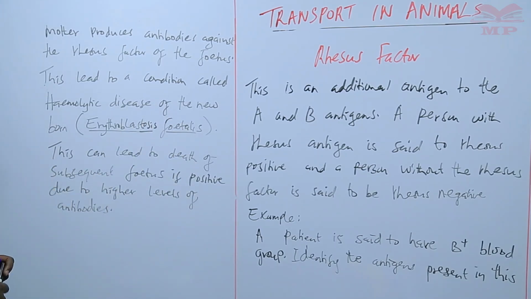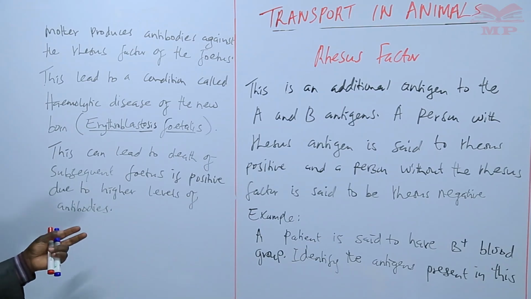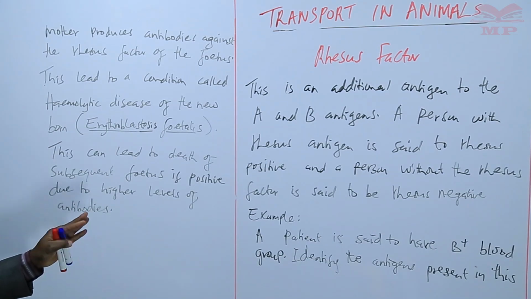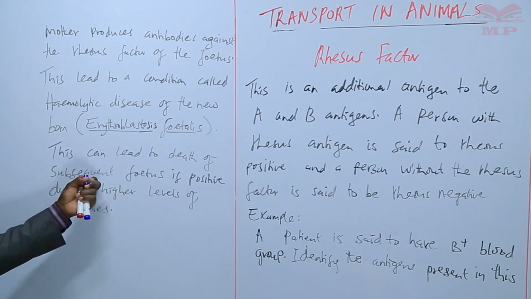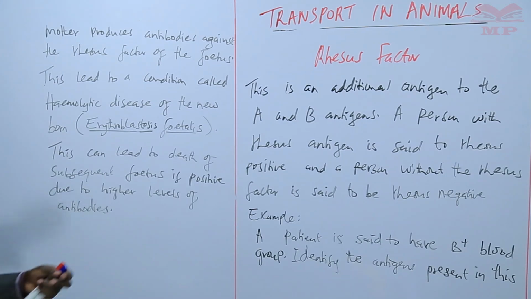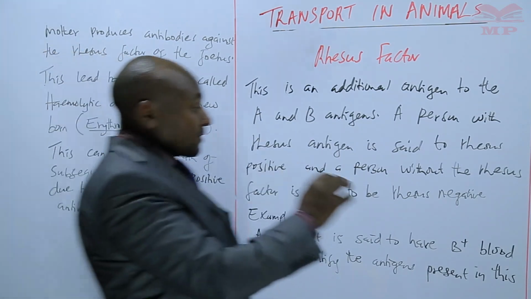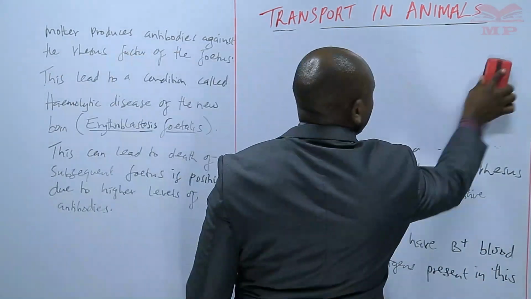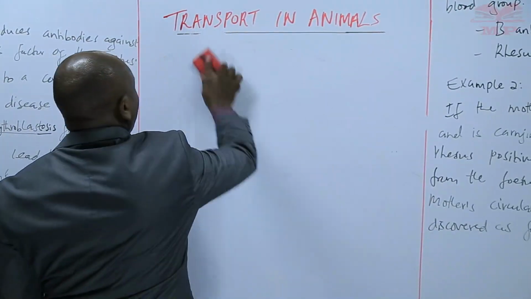That condition can lead to death. Mostly it doesn't affect the first pregnancy because the antibody levels are a bit low, but it may lead to death of subsequent fetuses if positive due to higher levels of antibodies. So I will stop there as far as the Rhesus factor is concerned, and then have an assignment.